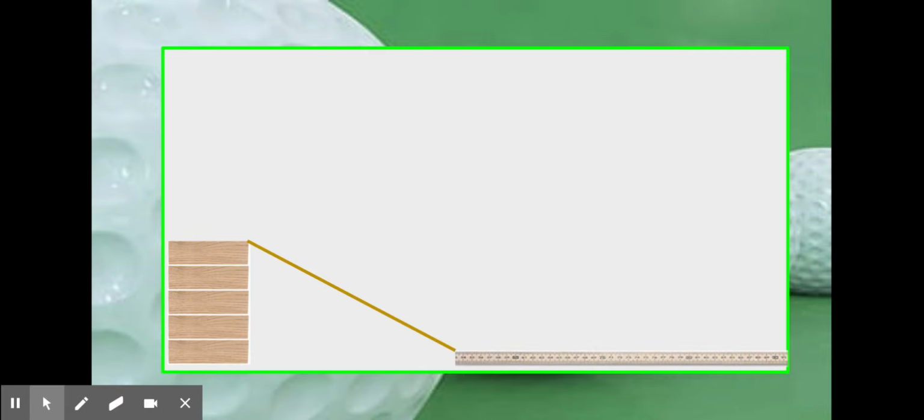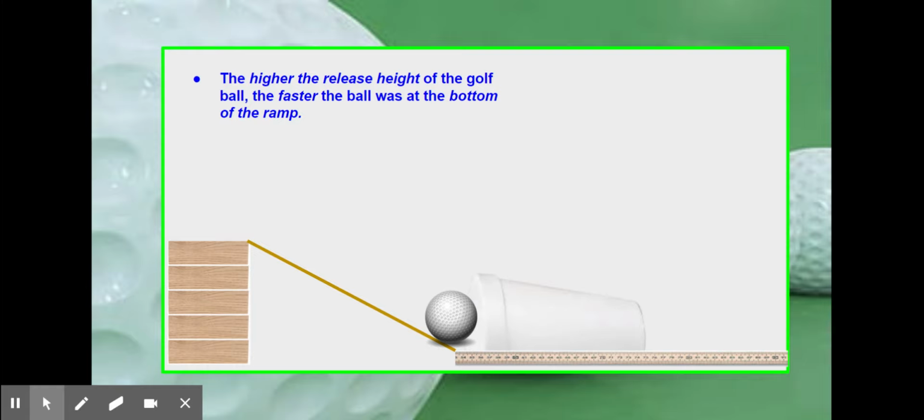What we found out was that as we increased our ramp height, the golf ball, when it rolled down the ramp, had a much faster speed. The higher the release height of the golf ball, the faster the speed of the ball was at the bottom of the ramp.